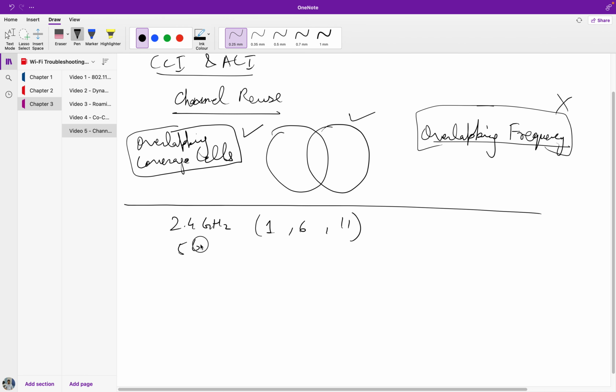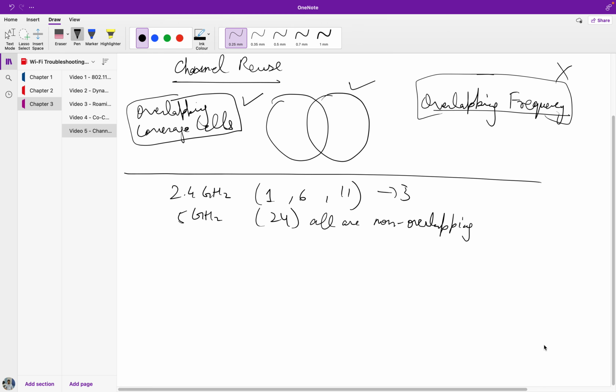In 5 gigahertz, yes, we have around 24 channels if everything is available, and all are non-overlapping, which is a good thing. So 5 gigahertz is not a problem, but 2.4 gigahertz becomes a problem when using a channel reuse plan, because we only have 3 channels that meet that criteria of non-overlapping frequency, right?